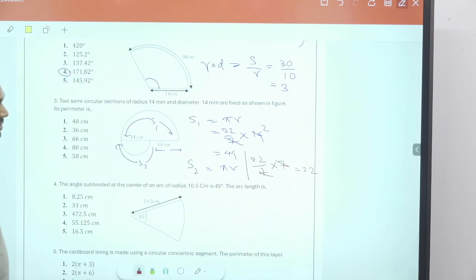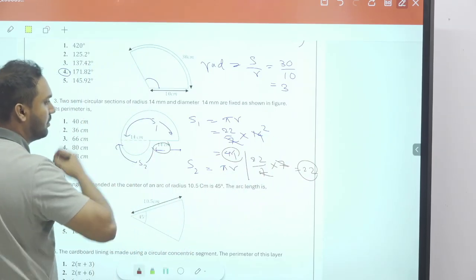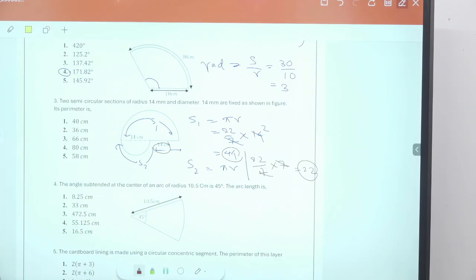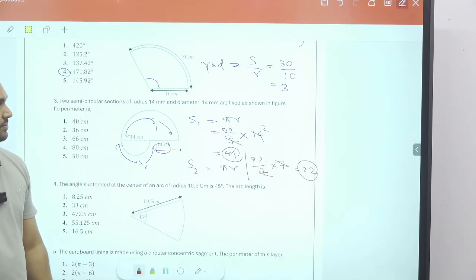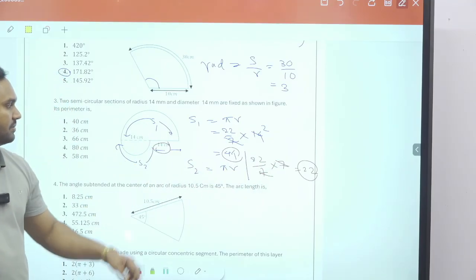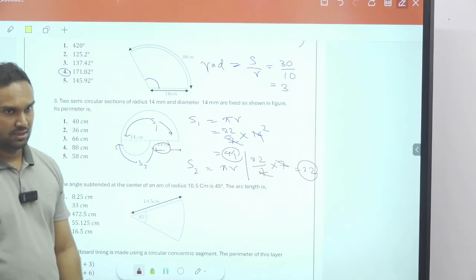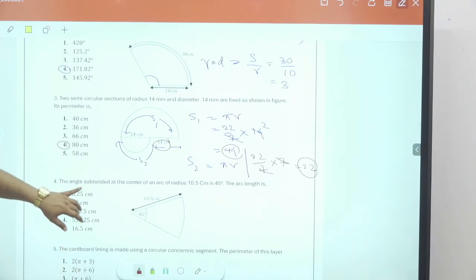So what are the values? You have to add 44, 22 and 14 together. What do you get? It's 46, 66, 66, 14 is 80. 80 centimeters. So the answer is 4. Get it? So come to the next one.